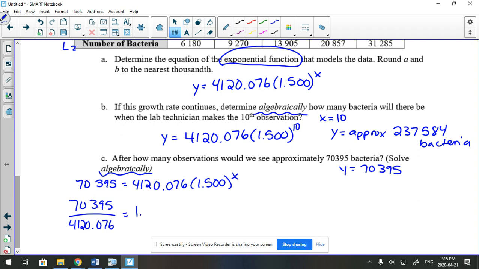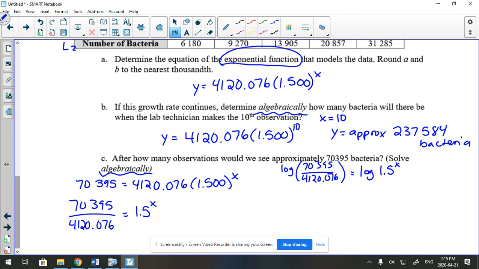1.500, I can just write it as a 1.5. At this point, the zeros don't mean much. Now it's an exponential equation. I'm trying to figure out what x is, the exponent. So let's take the log of both sides in order to figure out what that x is.